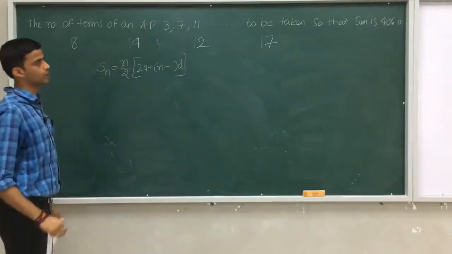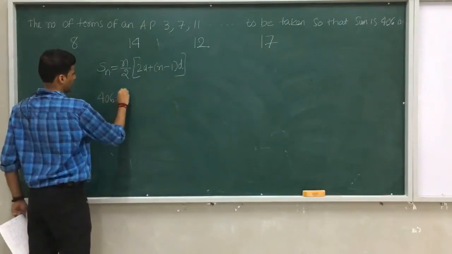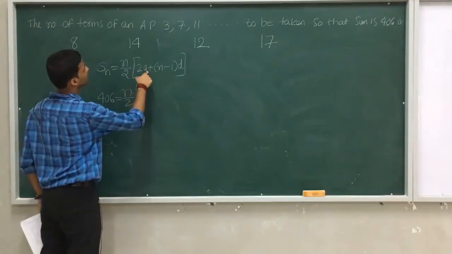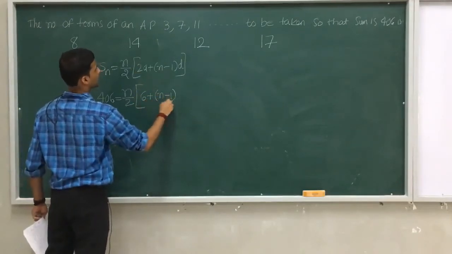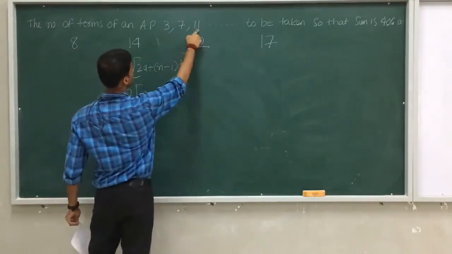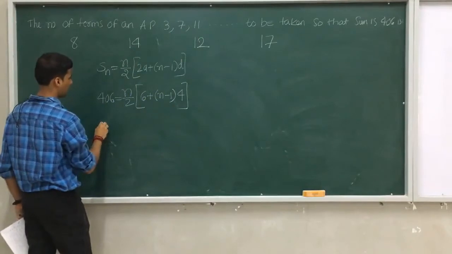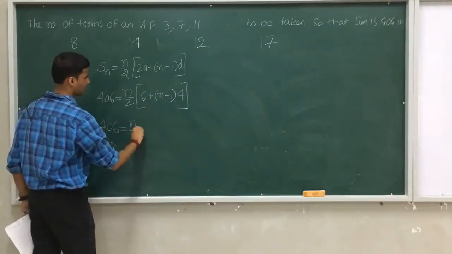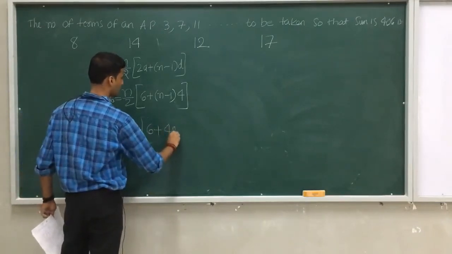They told the sum as 406, so I'll write 406 equals, I am in search of n, n by 2 times 2 into a, that is 2 into 3, 6, plus (n minus 1). The common difference: 7 minus 3, 11 minus 7, it's 4. So I'll write 406 equals n by 2 times 6 plus 4n minus 4.